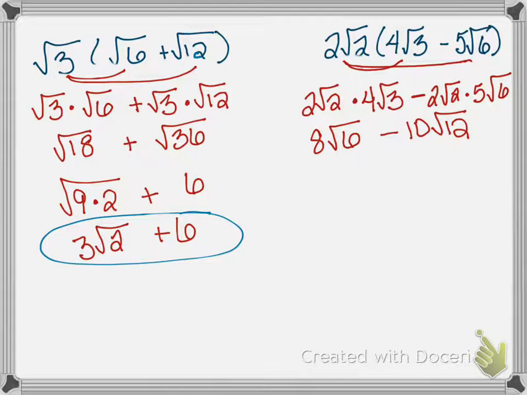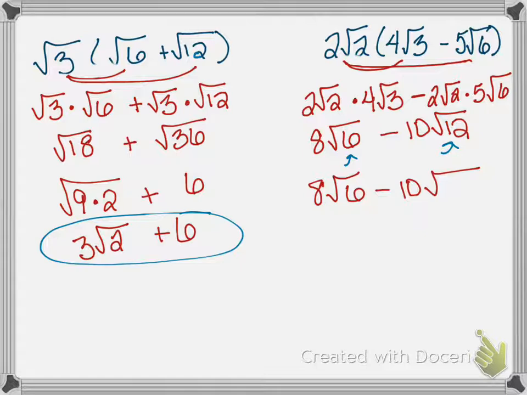Now, I want to make sure that I've got everything simplified. So I look at what's inside the square root. Can the 6 be simplified anymore? No. Okay, so that just stays the same. 8 on the square root of 6. Can the 12 break down to a perfect square factor?